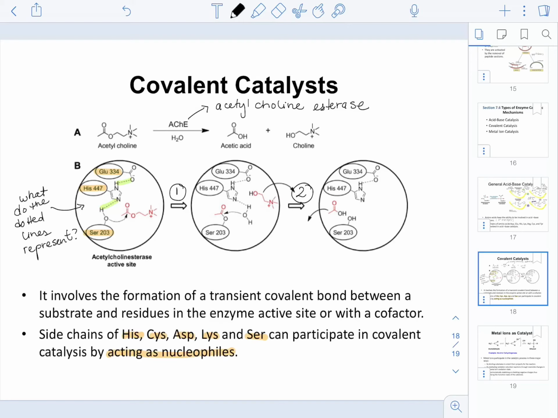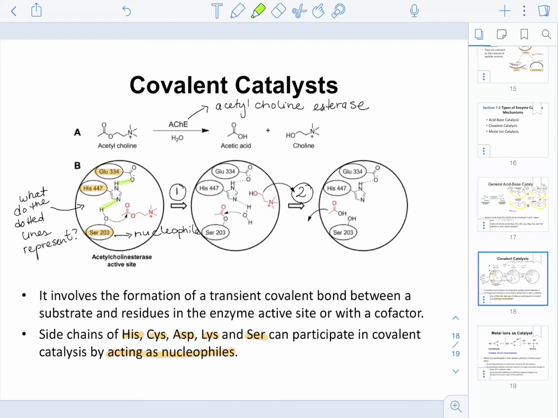As you can see, in this first step of the reaction, we have the oxygen in the serine doing a nucleophilic attack onto the carbon in the carbonyl in the acetyl part of the acetylcholine.